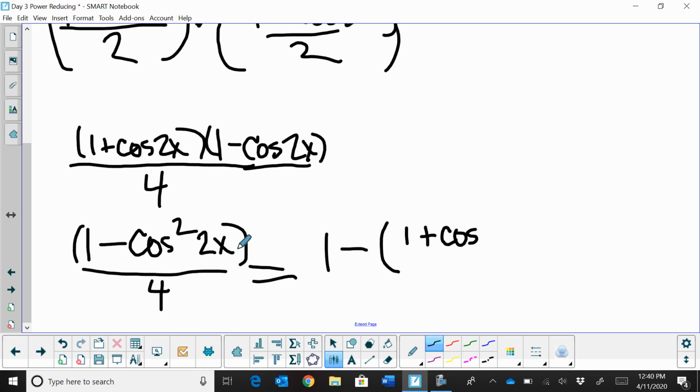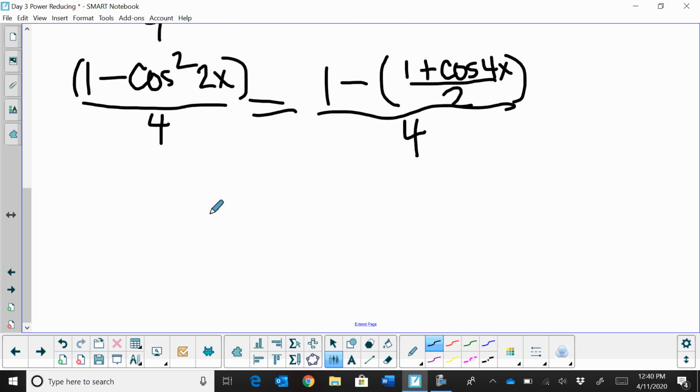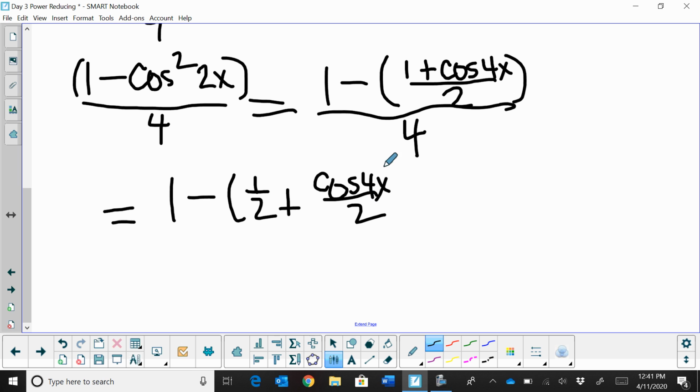This is starting with a 2x, so that's going to double to a 4x, all over 2, all over 4. Now, we got to do a little cleaning up here. So in the numerator, I'm going to have 1 minus the quantity of 1/2 plus cosine 4x all over 2. So I've just separated that into 2 parts, all over 4.